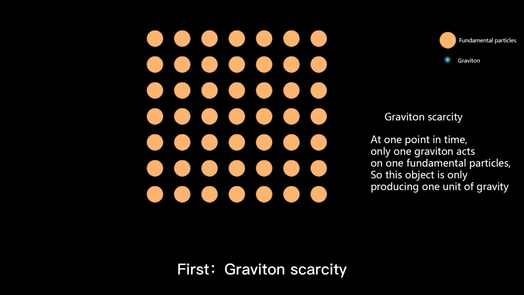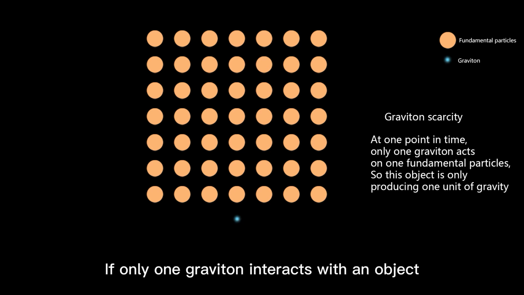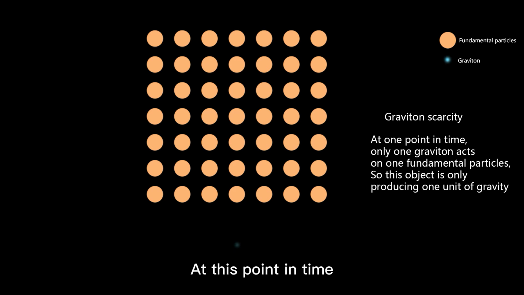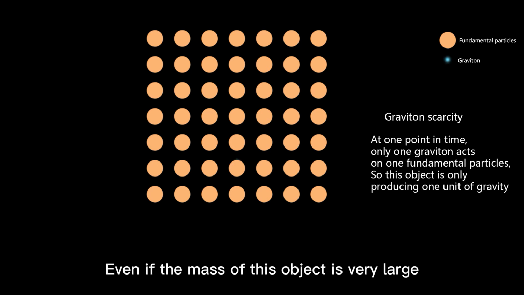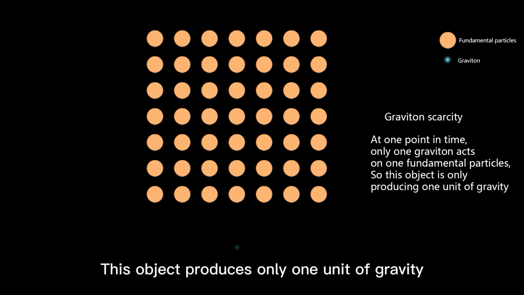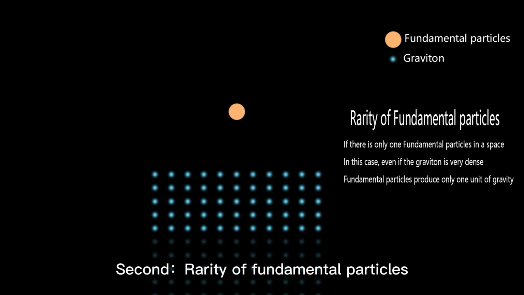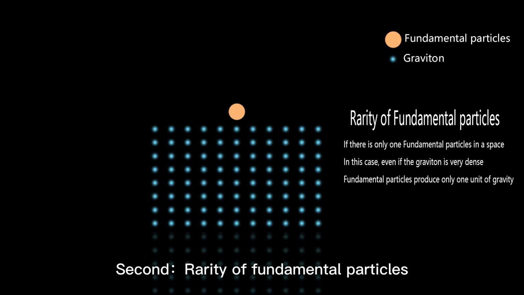First, graviton scarcity. At one point in time, if only one graviton interacts with an object, then even if the mass of this object is very large, this object produces only one unit of gravity. Second, rarity of fundamental particles.